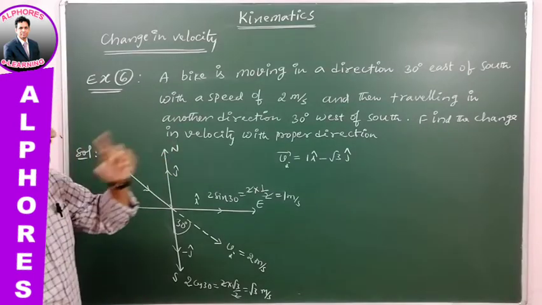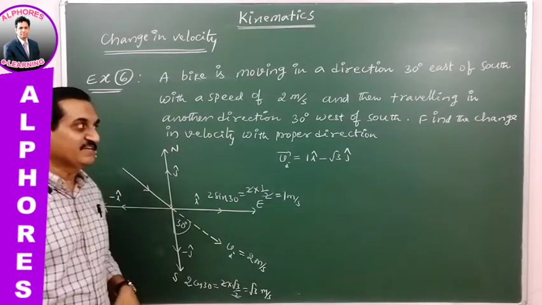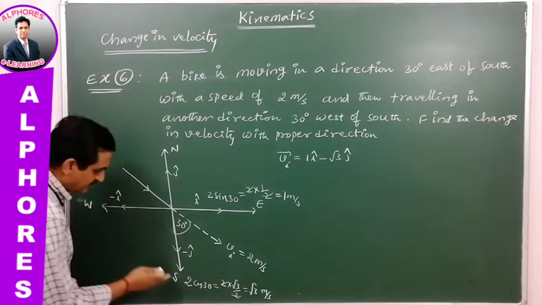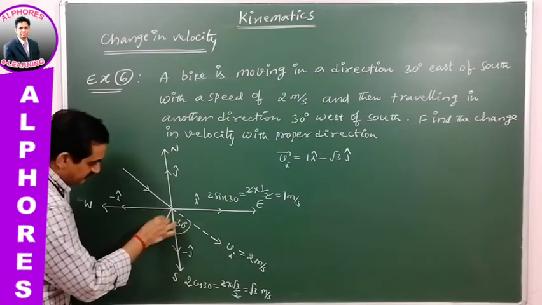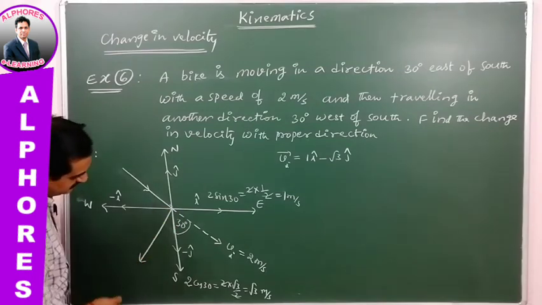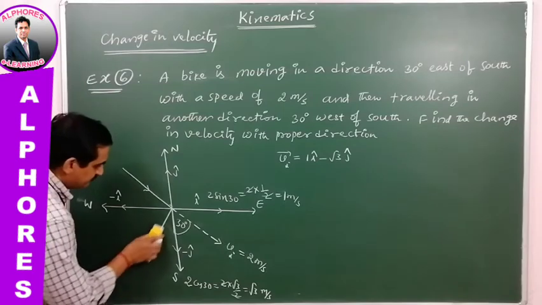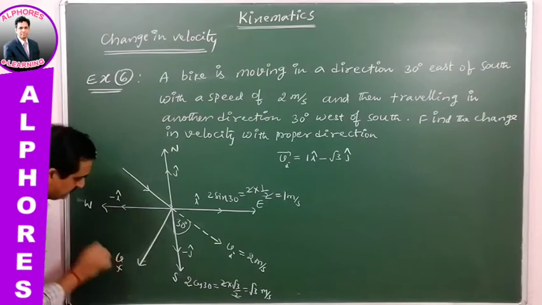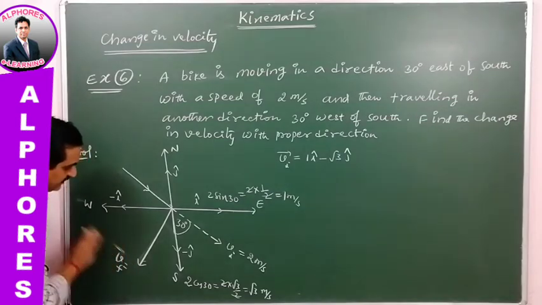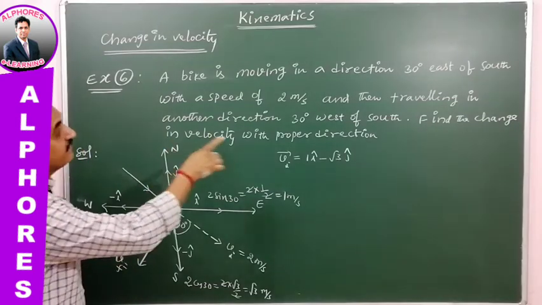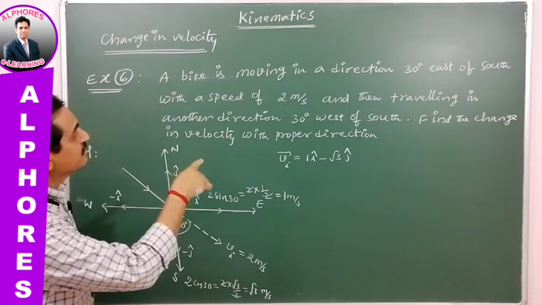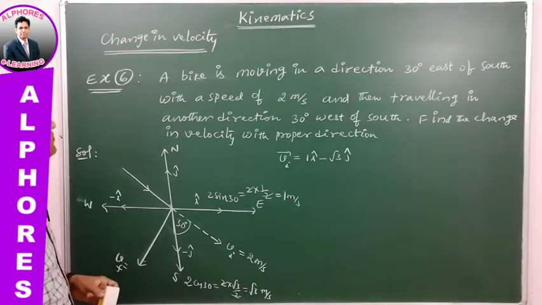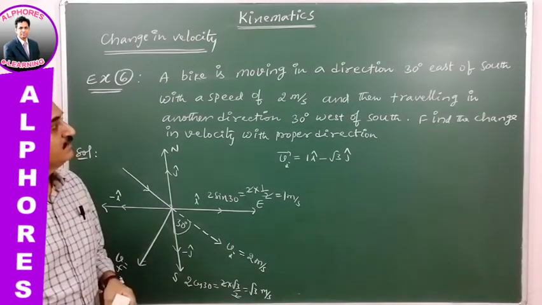And then traveling in another direction 30 degree west of south. This is the final velocity. How much is the final velocity? 30 degree west of south. Somewhere the data was missed.